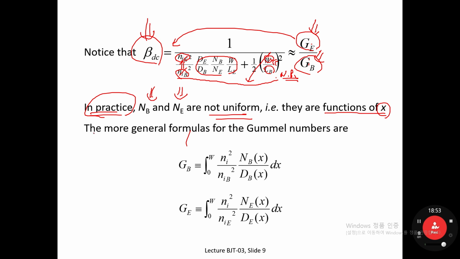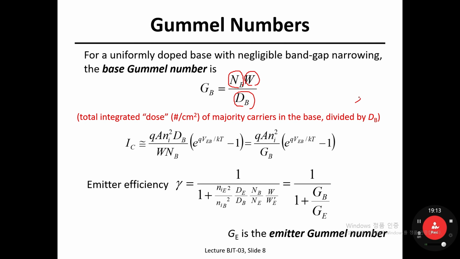So a more general formula for Gummel numbers is given as follows, and this and that value would be obtained with a single integration. However, to make your life much easier, GB is simply defined as this.